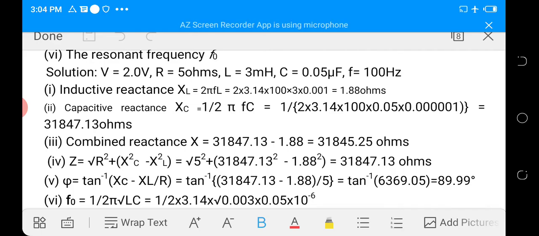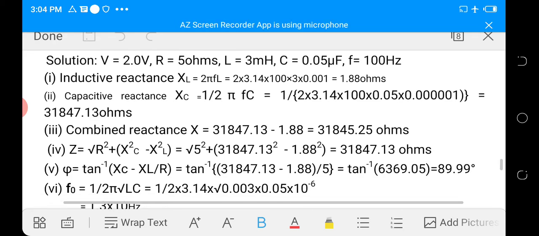Since the capacitive reactance is greater than the inductive reactance, we subtract the inductive reactance from the capacitive reactance, and this gives 31,847.13 minus 1.88, and this gives us 31,845.25 ohms. That is our combined reactance.